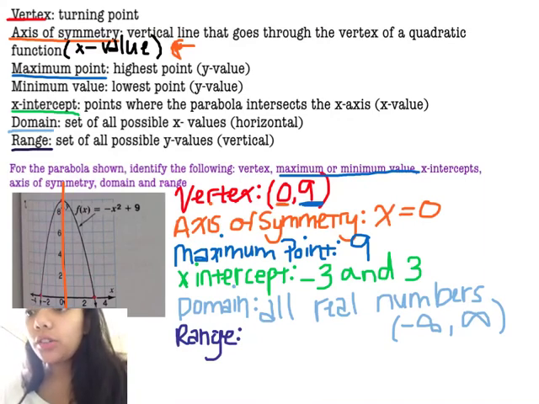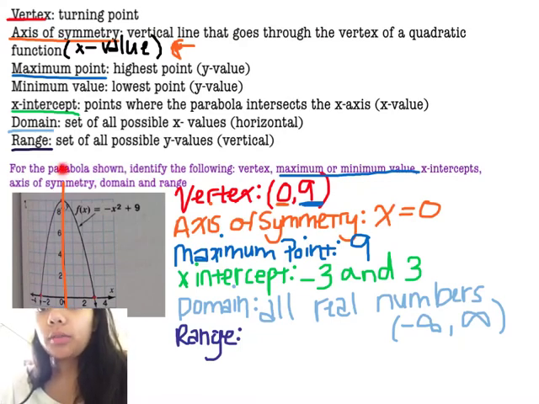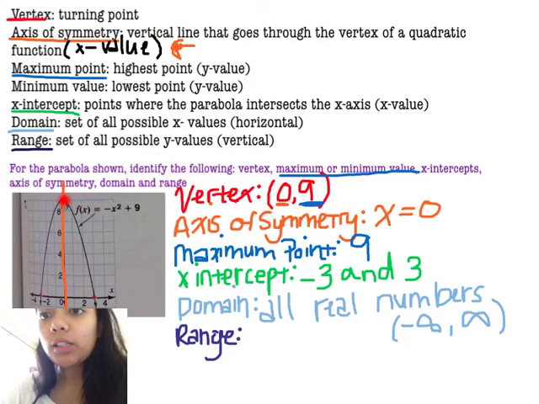So range is my last thing. The range is a set of all possible y values. Well, let's look at my parabola. My y values, this is my y-axis. If you notice, there is a stopping point on my y. Where is it? Well, it's at your vertex. It's the highest point. So, my highest point is 0, 9, which means my highest y value that I could possibly have is 9.